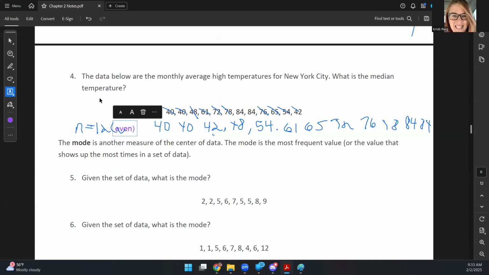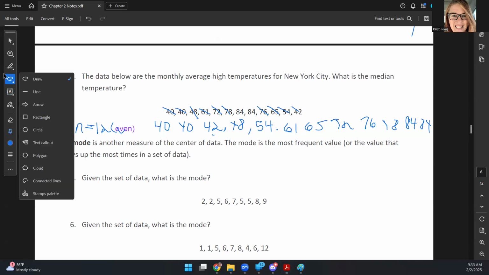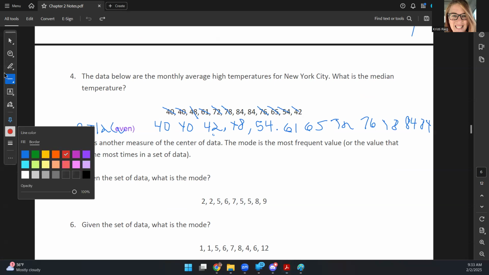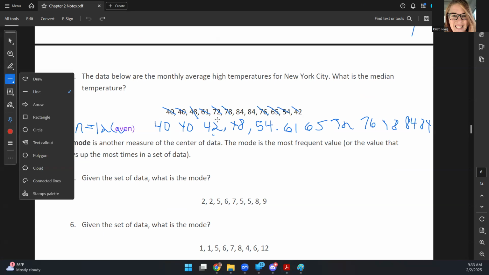Okay, so what we want to do is find the exact middle of this. Since n is 12, 12 divided by 2 is 6. If I divided this evenly, there'd be 6 on one side, 6 on the other side. So I count 1, 2, 3, 4, 5, 6.